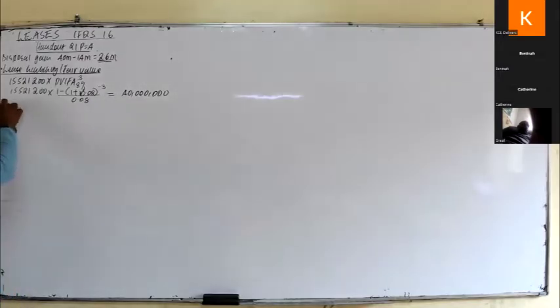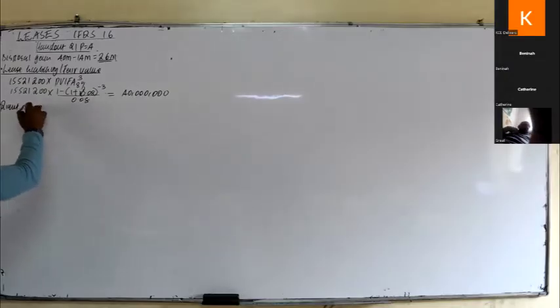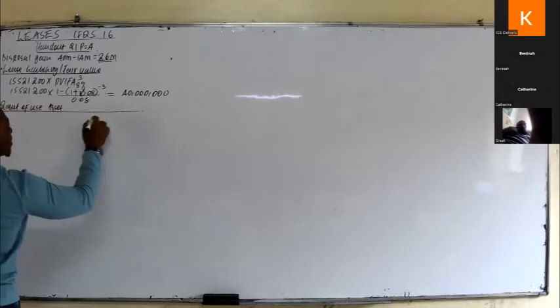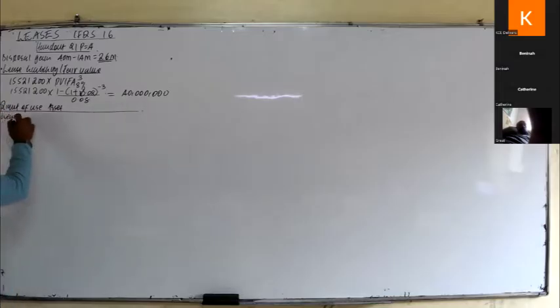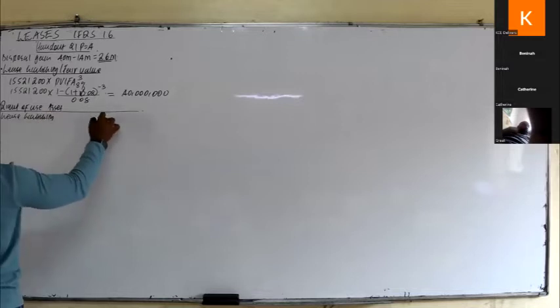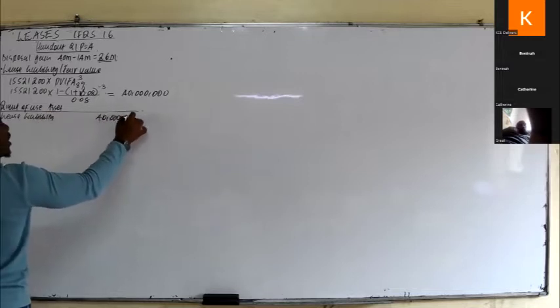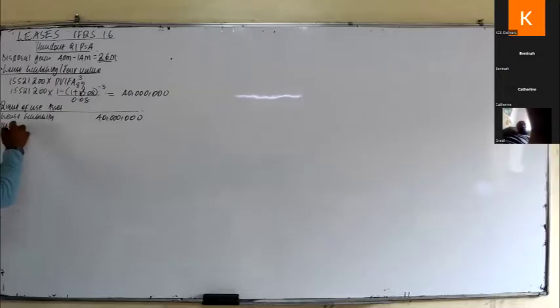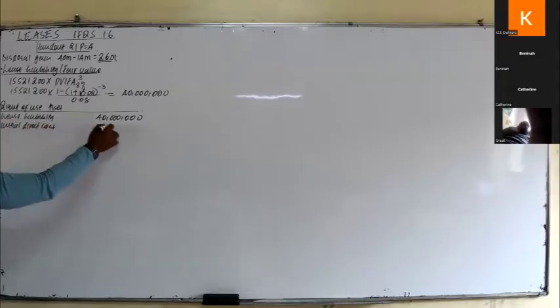What about the right of use asset? To capitalize the right of use asset, you'll take the lease liability, which is 40 million. You add initial direct cost. We are not given, so that is 0.